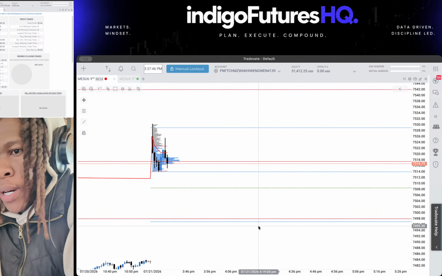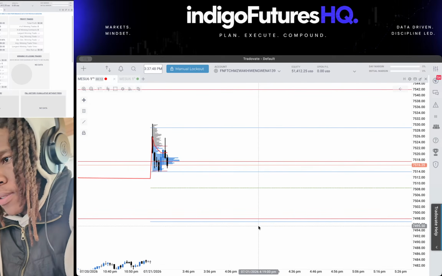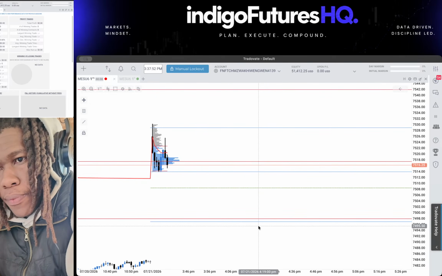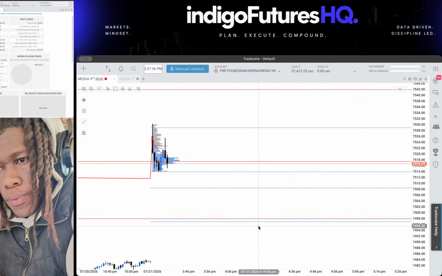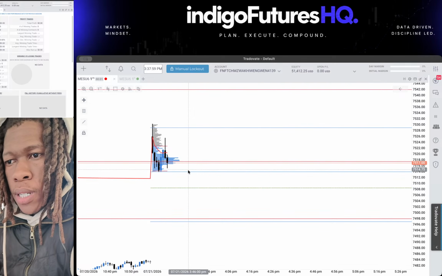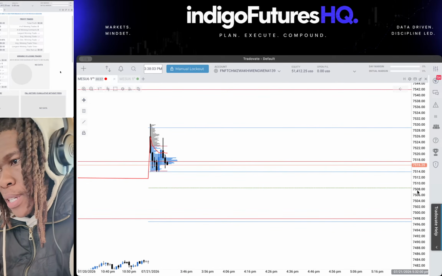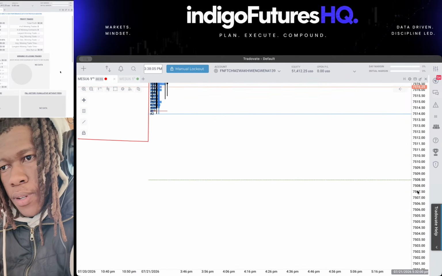There you go. Overnight point of control test. Also, longing from here just depends on whether we have acceptance of volume at the bottom.